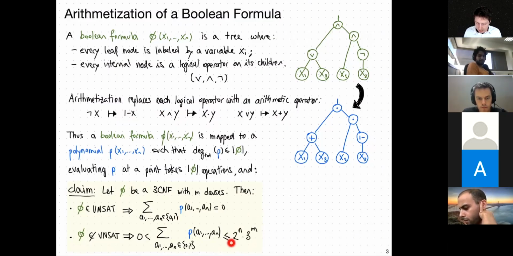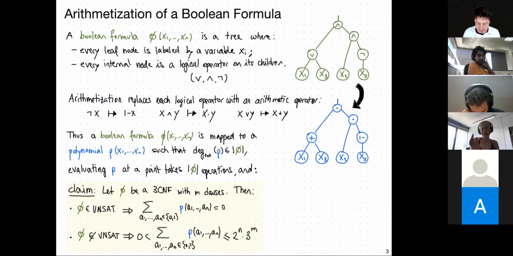But we also know that this quantity won't be too large, because we have at most 2 to the n inputs that we're adding up, and any given evaluation in a 3CNF is going to be of size at most 3 to the n.